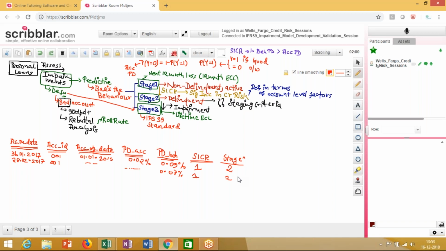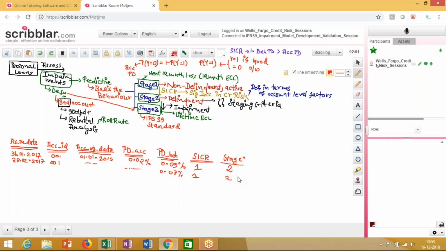Once I have done the staging, I have stage 1, stage 2, and stage 3 accounts. For stage 1, I'll develop the next 12 months ECL model. For 2 and 3, I'll develop the lifetime ECL model. Then once those two models are developed, I'll compute the provision corresponding to each account.